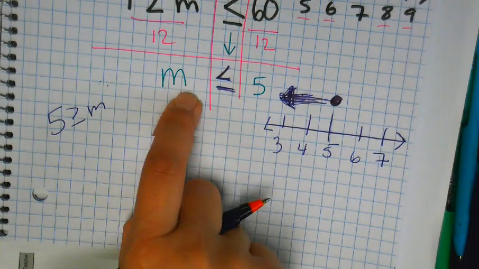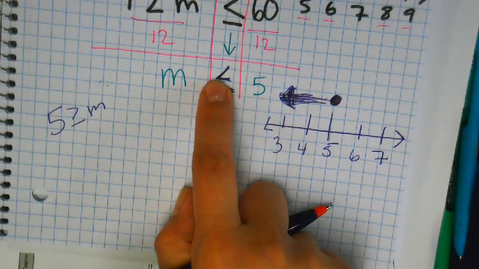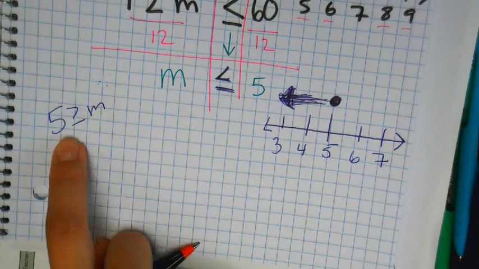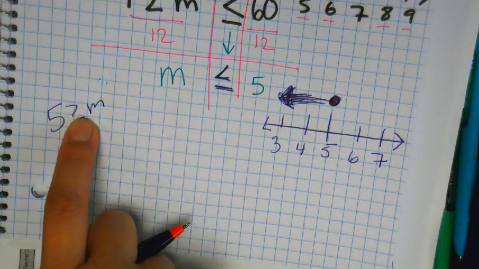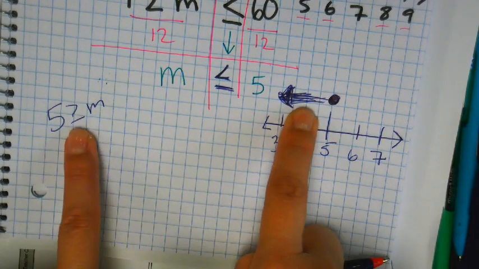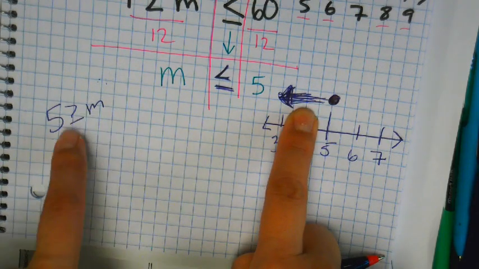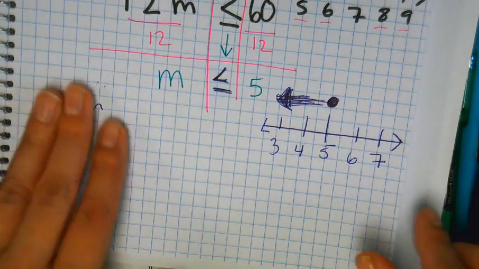But here, since the variable came first, that's the direction you shade. I'm not testing you on this yet. I made them all like this. Nice and pretty. All right.